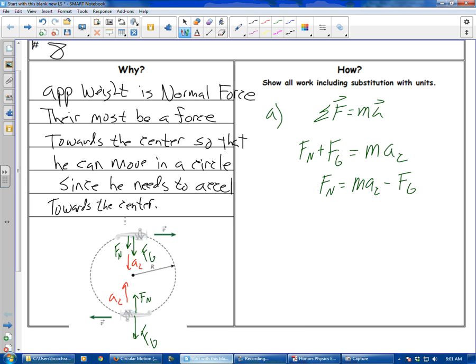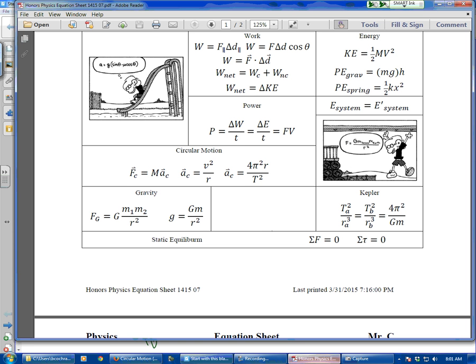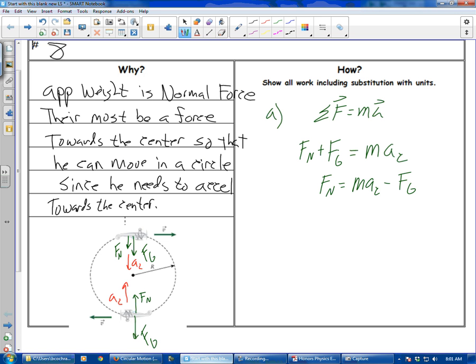And remember we have a couple different equations we can pick for the centripetal acceleration, either relating the speed to the radius, or the radius to the period. They tell us the speed, so I'm going to pick a_c equals v squared over r. So I'm going to have force normal equals the inertia times v squared over r minus his weight.